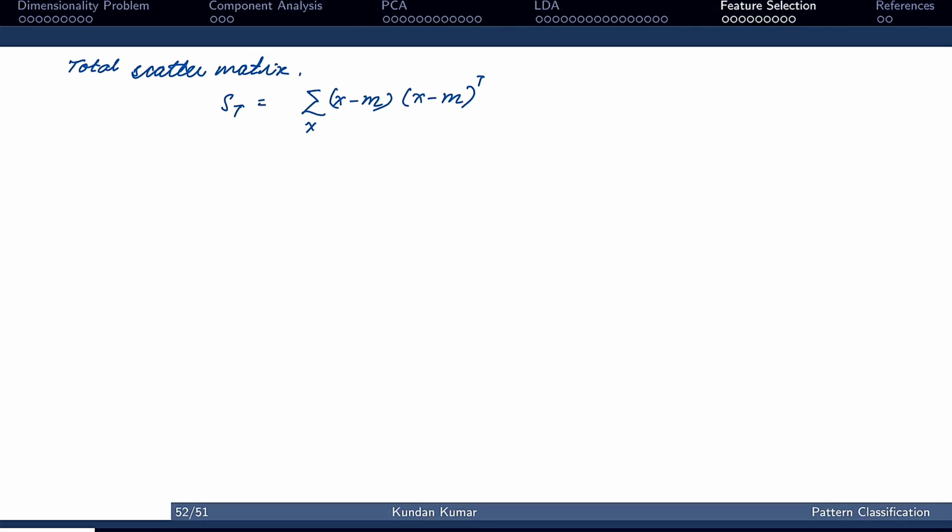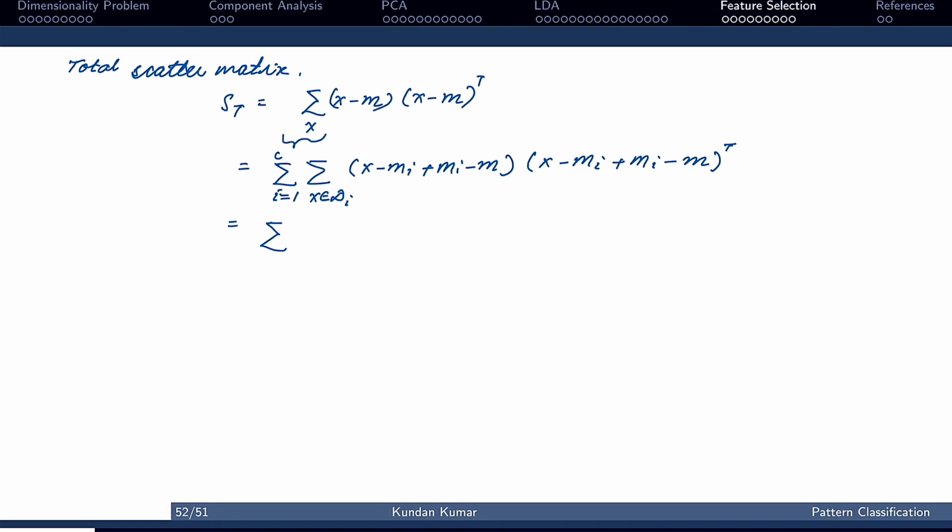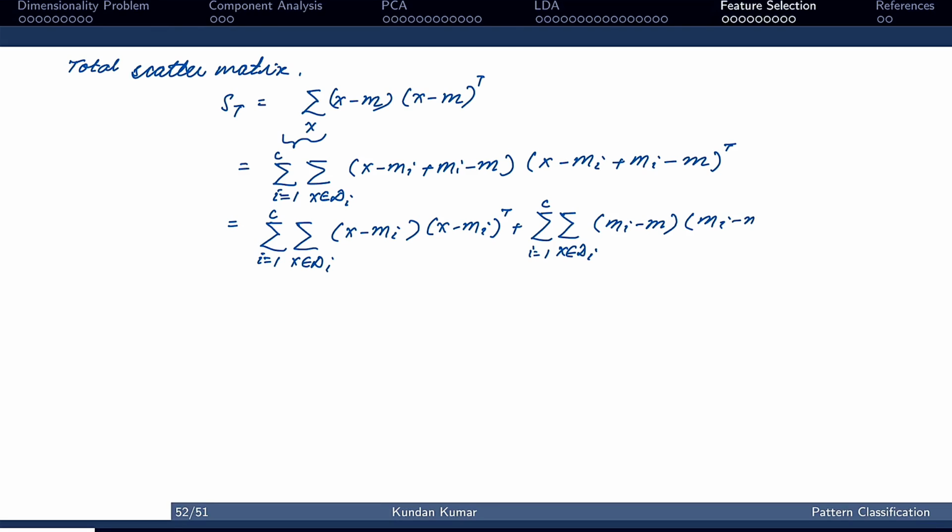Here again we can split this summation and rewrite the expression. Okay, so we can write in this way.